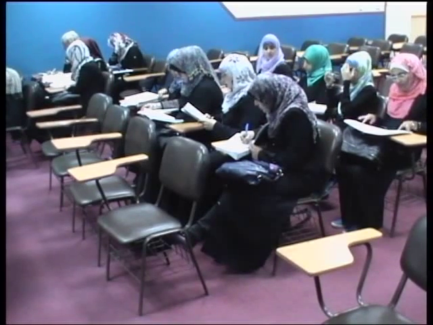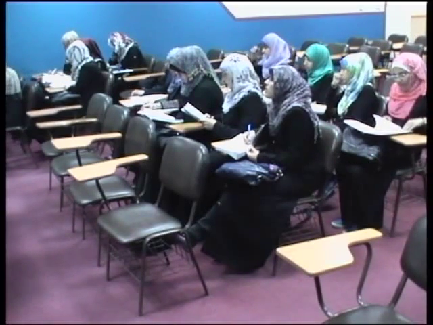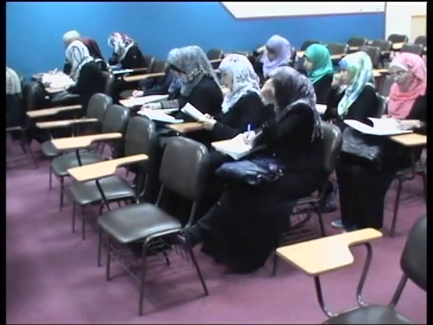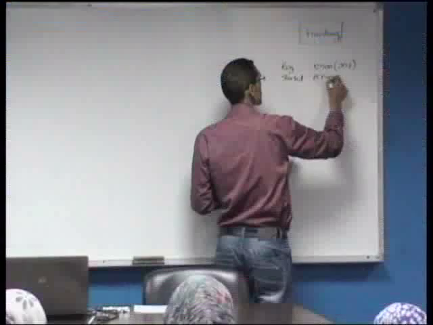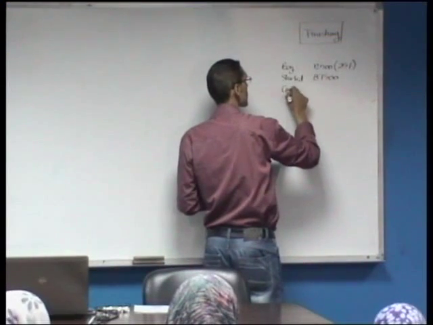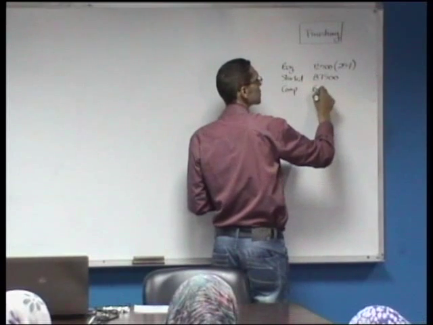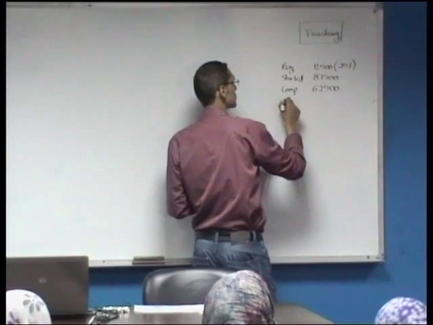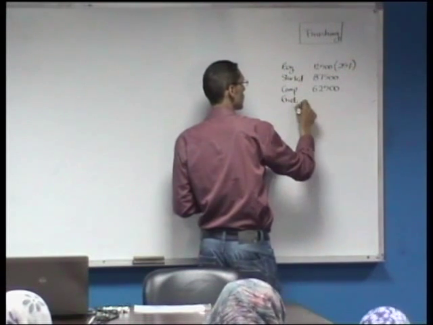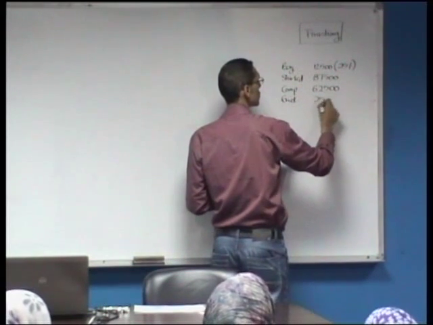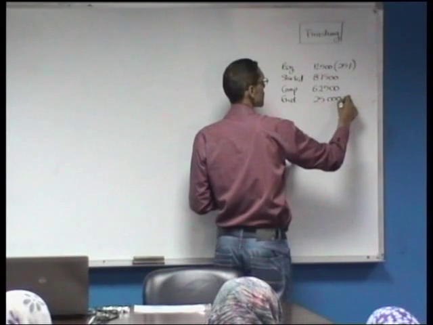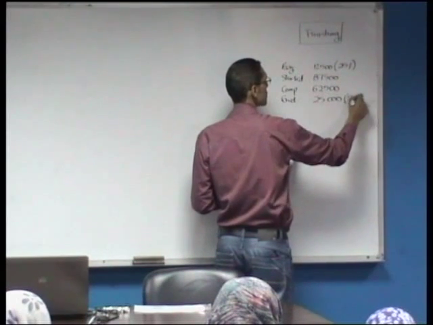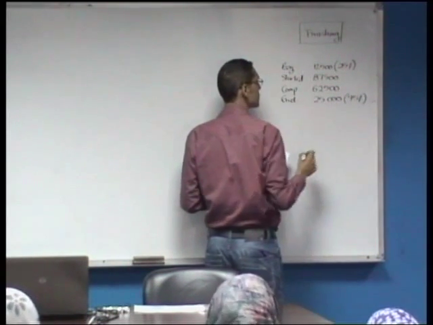Units started 87,500. Units completed 62,500. Units in ending inventory 25,000. Percentage completion of ending work in process units 95%.